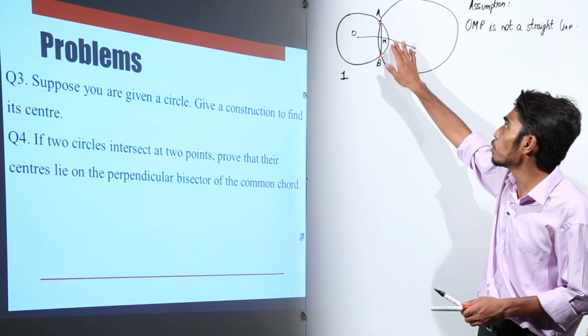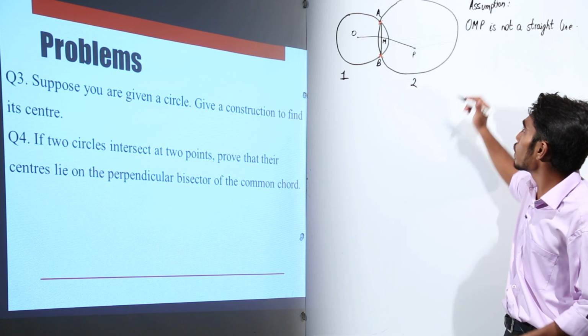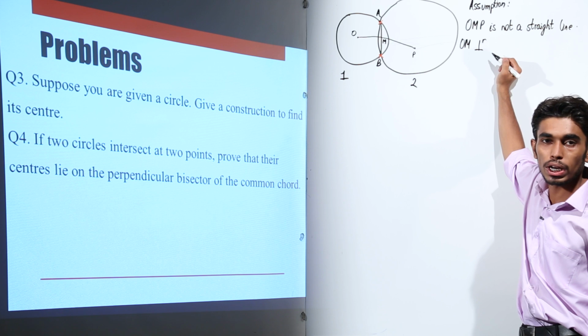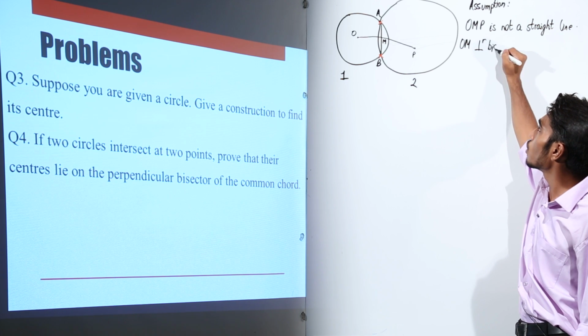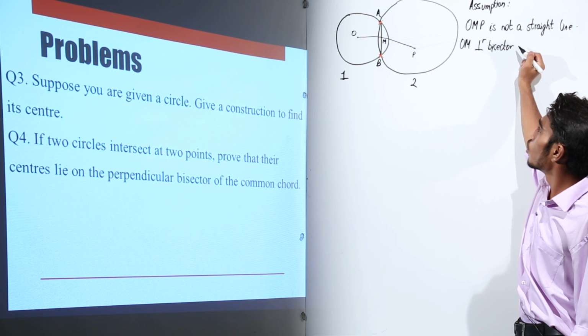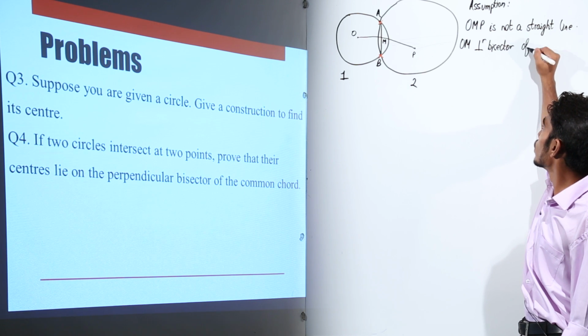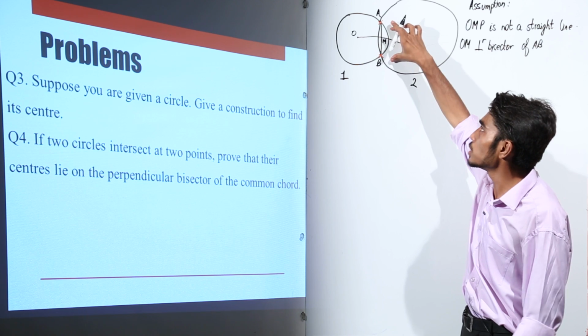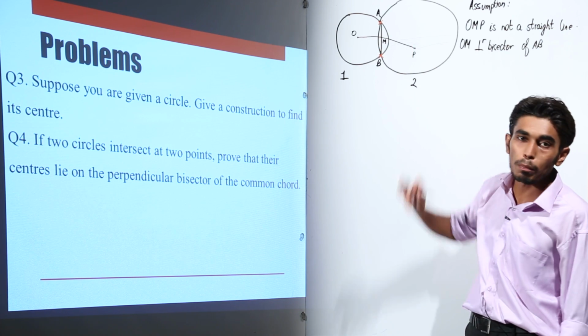Now what is so special about this point M? OM is perpendicular, this symbol is for perpendicular, right? So OM is the perpendicular bisector of AB, right? So in circle 1 I can see that AB is a chord and OM is its perpendicular bisector.